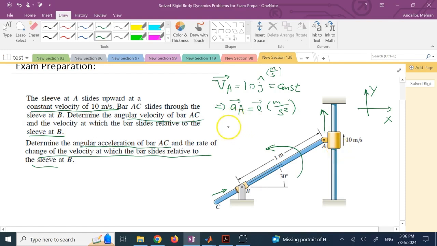So the things you need to find are omega of member AC, as well as alpha of member AC, and V of point B relative. Relative to what? Of course, relative to member AC.